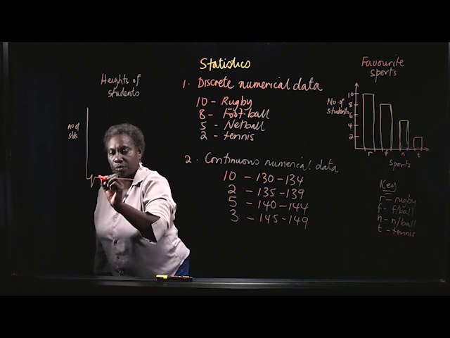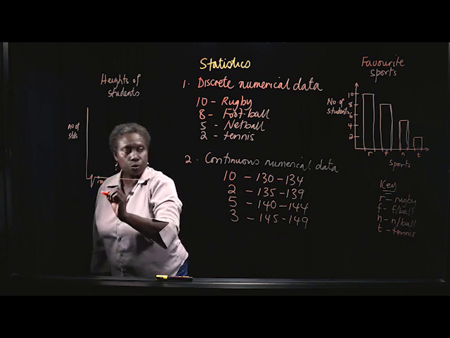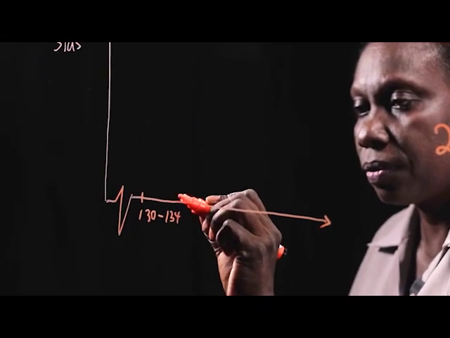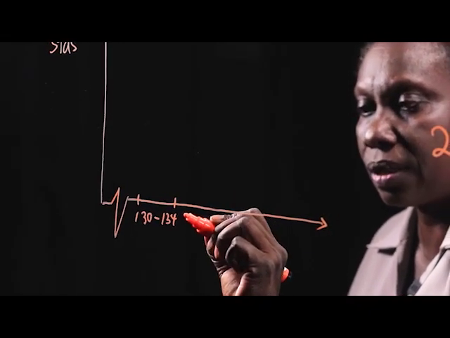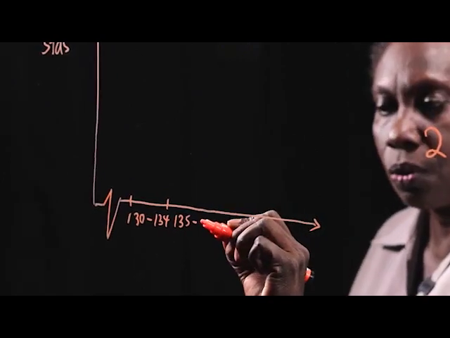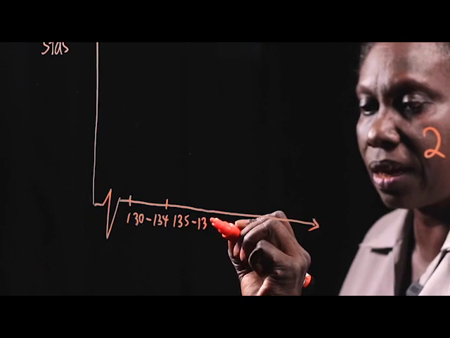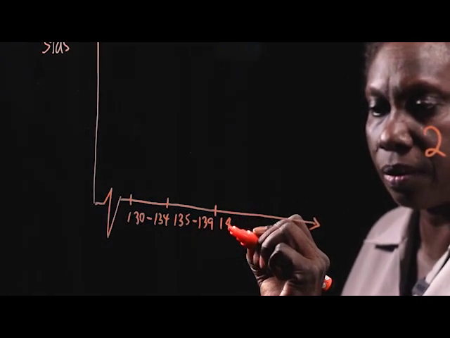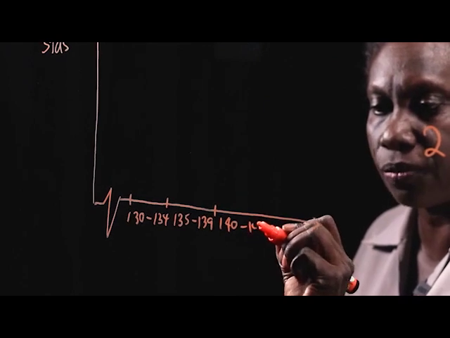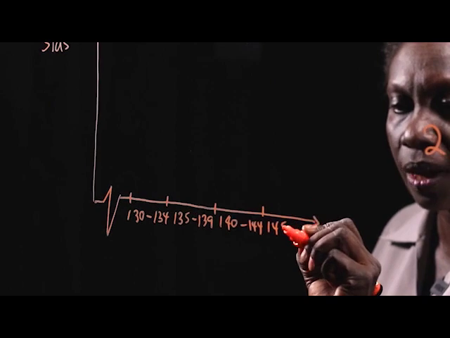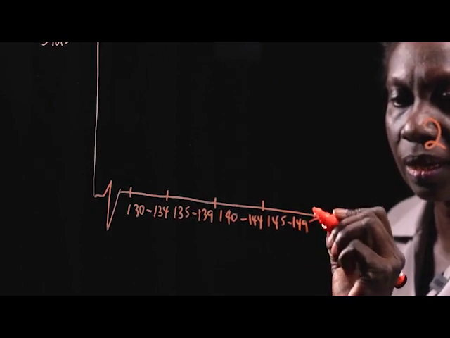So I'll start with 130 to 134, then 135 to 139, 140 to 144, and 145 to 149.